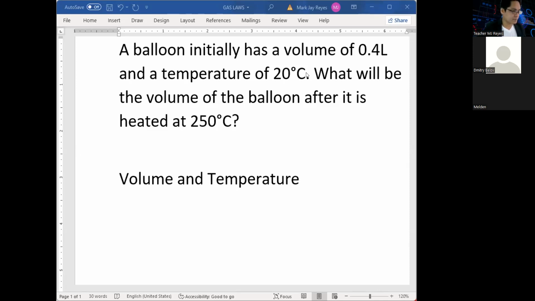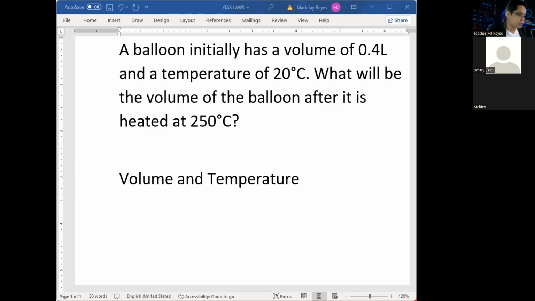Any other answers? Yes, Charles' law is talking about volume and temperature.